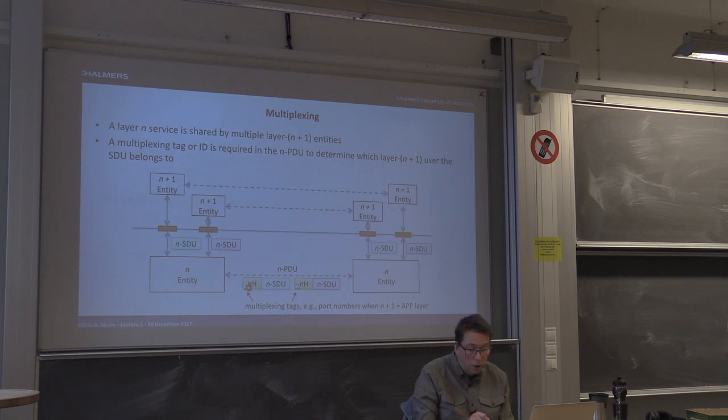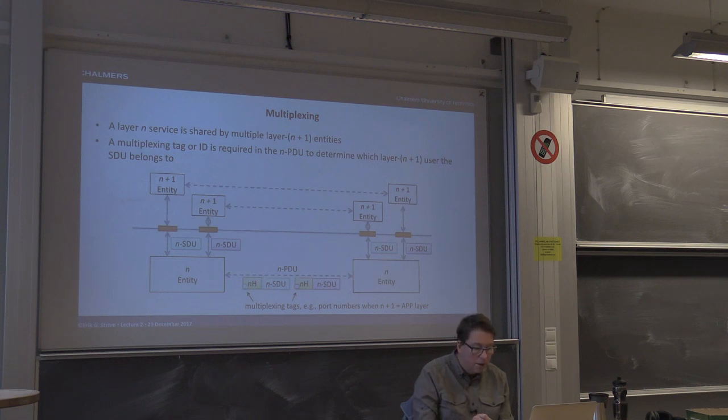So when receiving this protocol data unit, this entity goes in and sees, okay, this was an HTTP packet, and transmits that up to the HTTP protocol here, because DNS would not understand it, right? It needs to go to the right one. So here there is a tag or address, if you like, for the receiving end to figure out: is this an HTTP service data unit or a DNS service data unit?